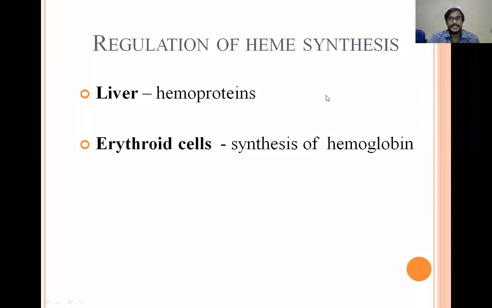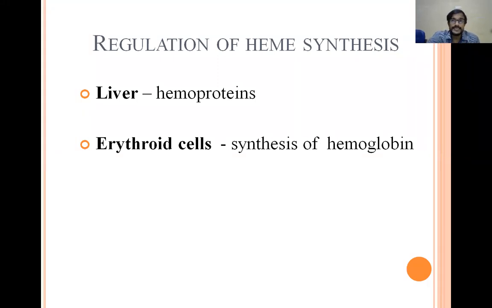Why regulation is necessary: because heme is required for synthesis of different substances. The heme that is produced in the liver is necessary for synthesis of different hemoproteins, apart from hemoglobin: myoglobin, cytochromes. For all these, heme is required, and that heme is formed in the liver.